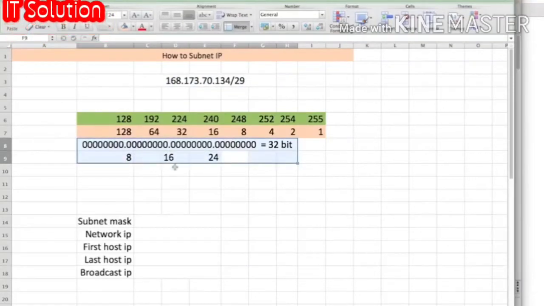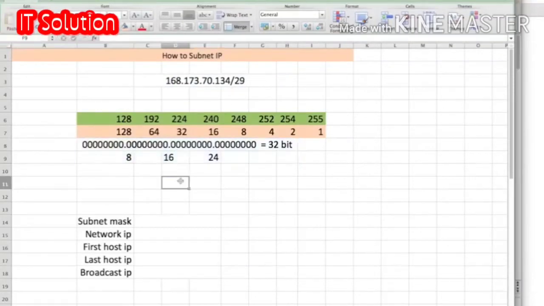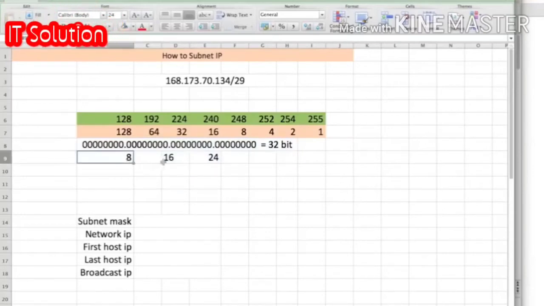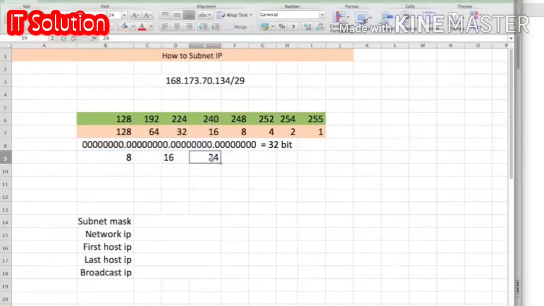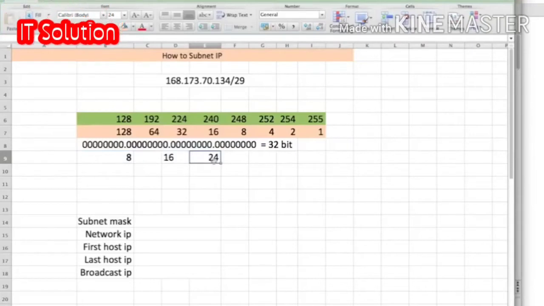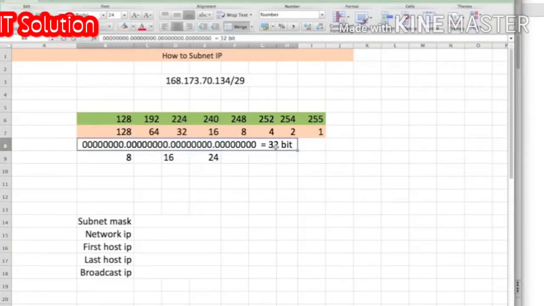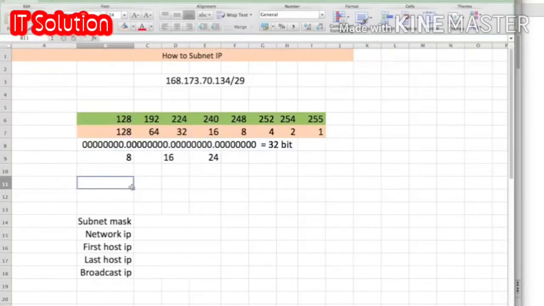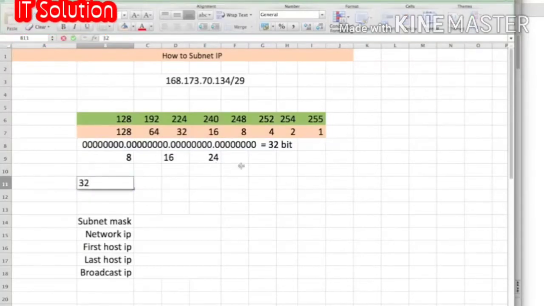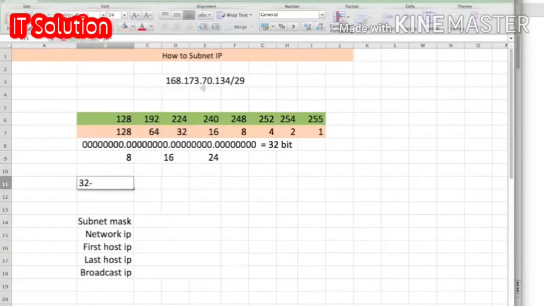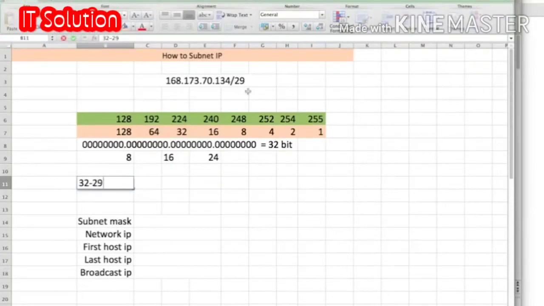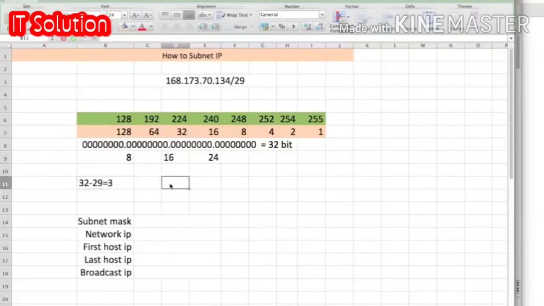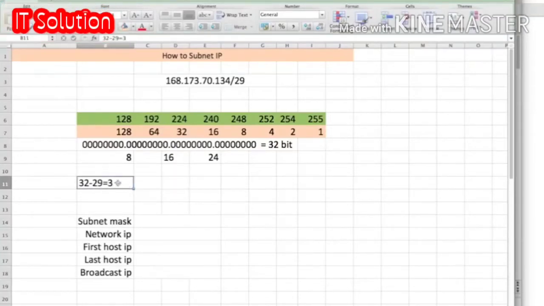So 29 is bigger than 8, bigger than 16 and bigger than 24, but not bigger than 32. So what we do is we take 32, which is right here, and we subtract 29 from it. That gives us 3. So we have 3.